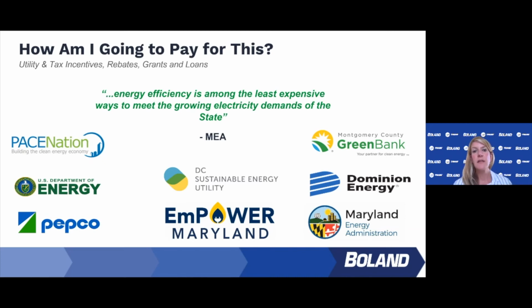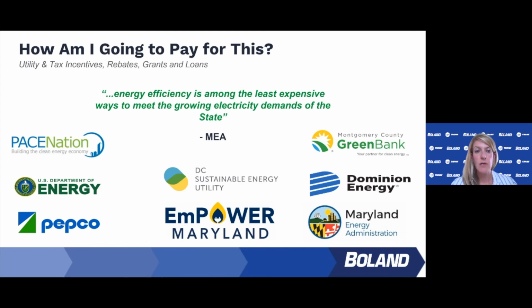If you need loans, Montgomery County has a green bank, DC has a green bank. There's the DC Sustainable Energy Utility, as well as ICF, the companies that manage the utility incentive programs. There are ways to finance energy efficiency projects.